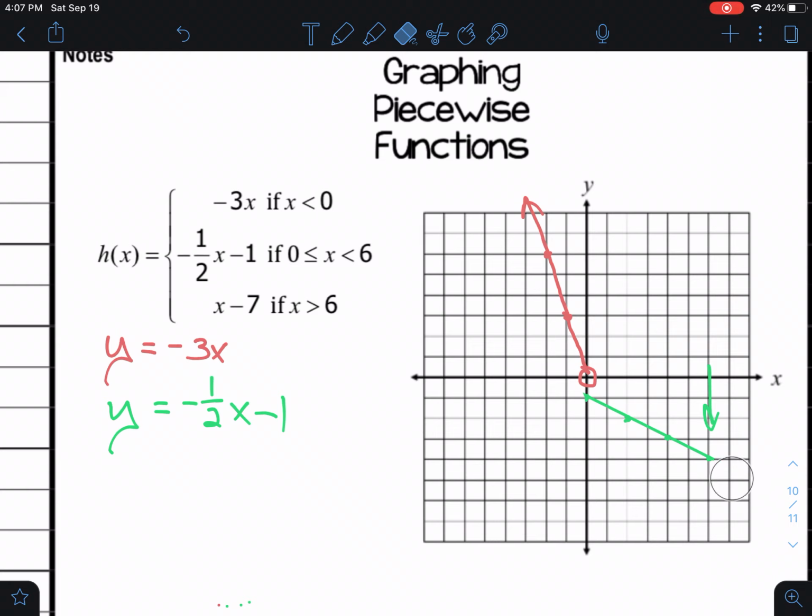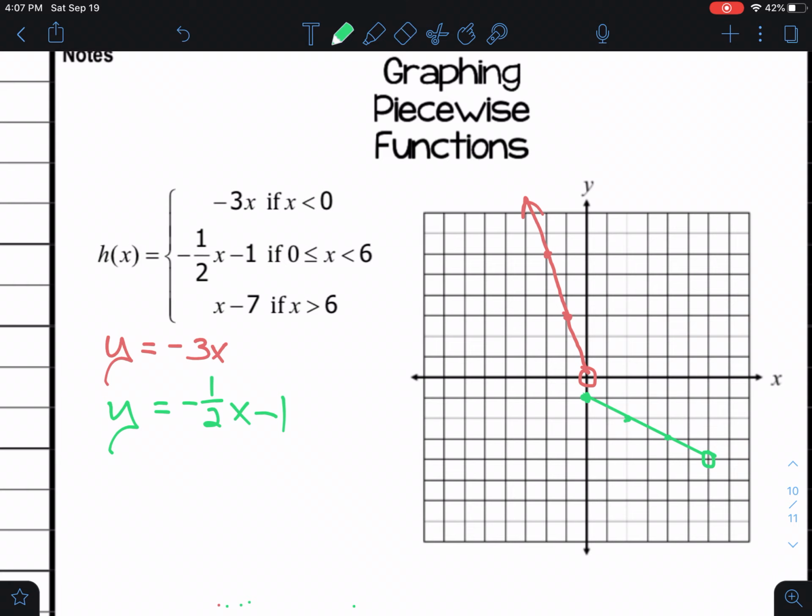Okay, and I want an open circle here since it says less than 6, and a closed circle on the other end. 0 is less than or equal to, so closed. X less than 6, so open circle here. Okay, so that's the second piece, kind of weird.